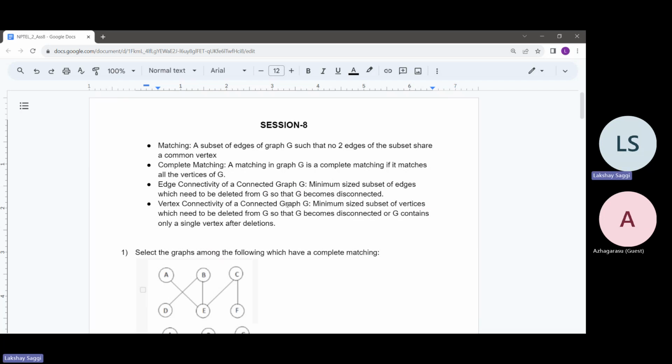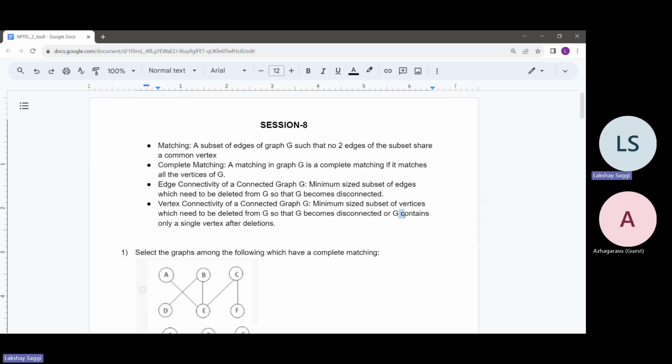Even though a single vertex is not disconnected in itself, because it is also a connected component, we would still say that the vertex connectivity of the initial graph is n minus 1 and not n.